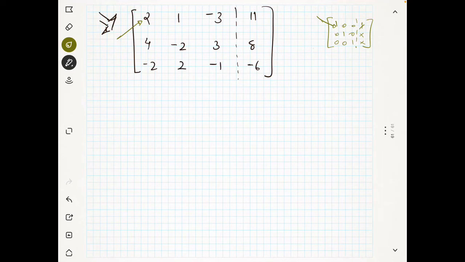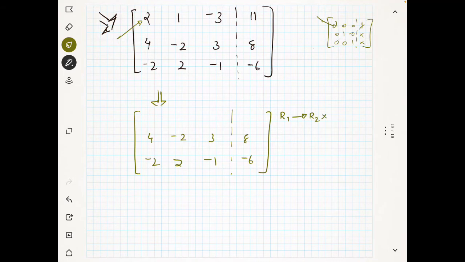How to convert this element into 1? All other elements will not change. I will write row 2 and row 3, 4, minus 2, 3 and minus 2, 2, minus 1 and minus 6. But I will convert my row 1 by multiplying it with 1 by 2.